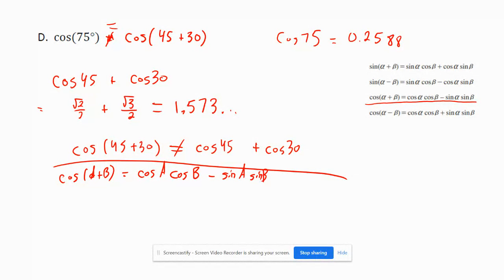Now in this case, our A value is 45 and our B value is 30. So this is the sum 45 plus 30, which is cos 75. So we get cos 45 times cos 30, minus sine 45 times sine 30.